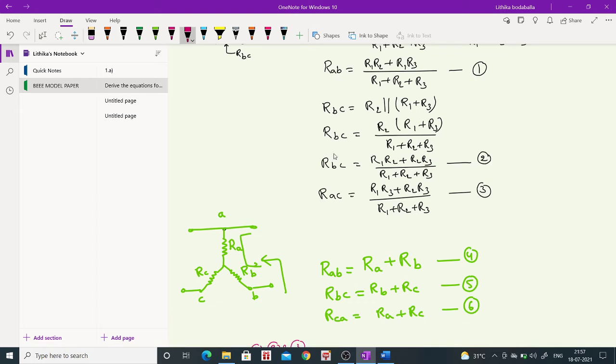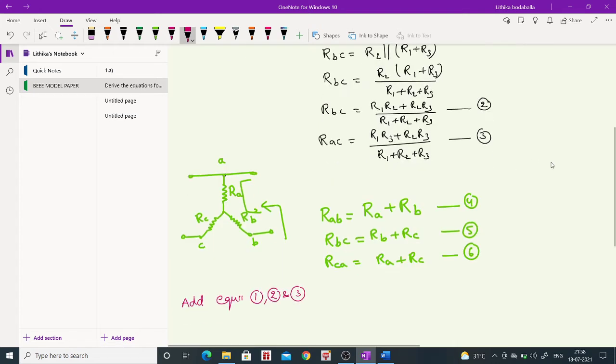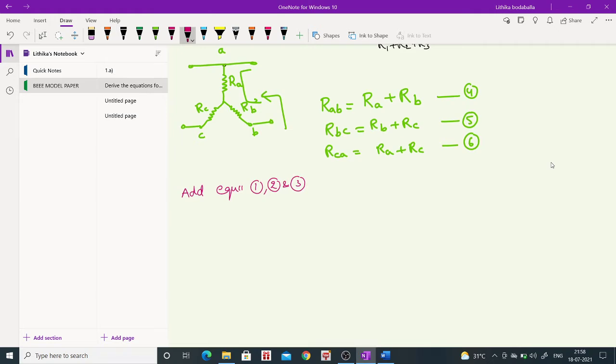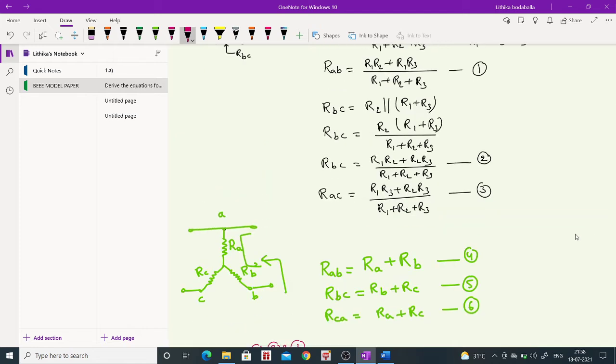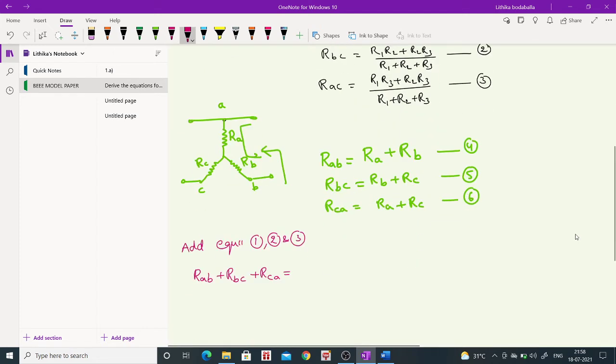If you add 1, 2 and 3, equation 1 has on the left hand side RAB, equation 2 has RBC, equation 3 has RAC. So if I add these three, I get RAB plus RBC plus RCA is equal to, just add them up. RAB is (R1 R2 plus R1 R3) by (R1 plus R2 plus R3).